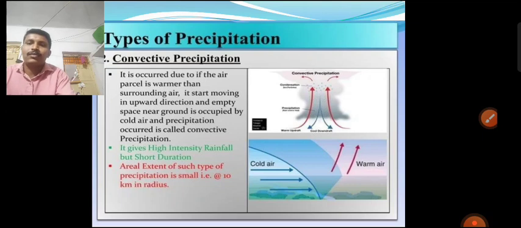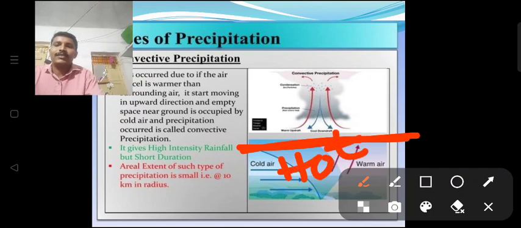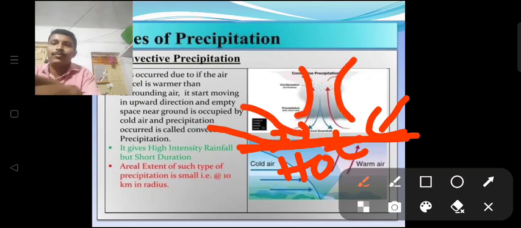For example, when cold air reaches the hot surface of the earth, it is converted into warm moist air.